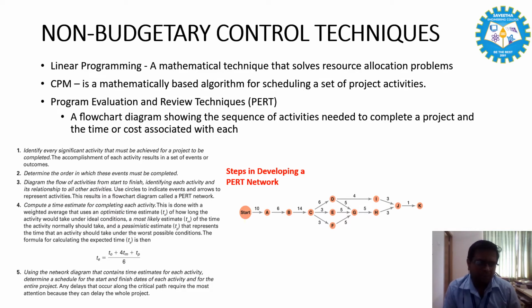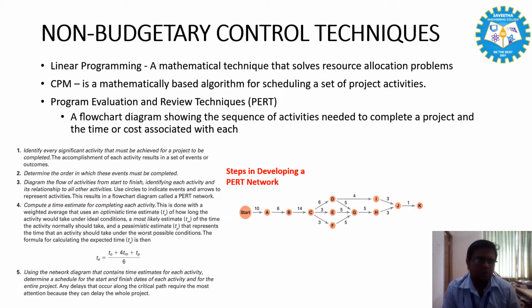Compute a time estimate for completing each activity. This is done with a weighted average that uses an optimistic time estimate of how long the activity would take under ideal conditions, a most likely estimate of the time the activity normally should take, and a pessimistic estimate that represents the time an activity should take under the worst possible conditions.